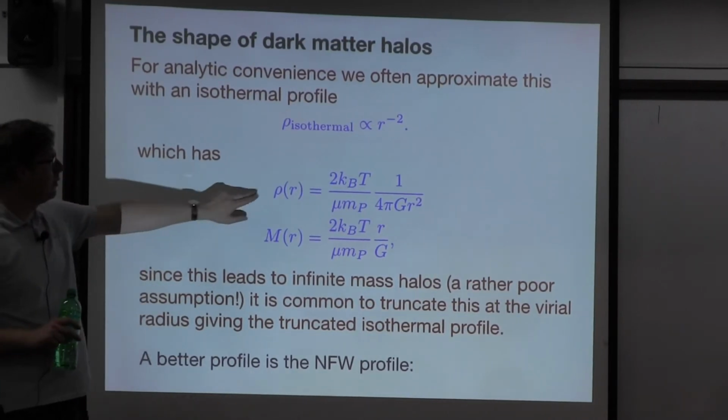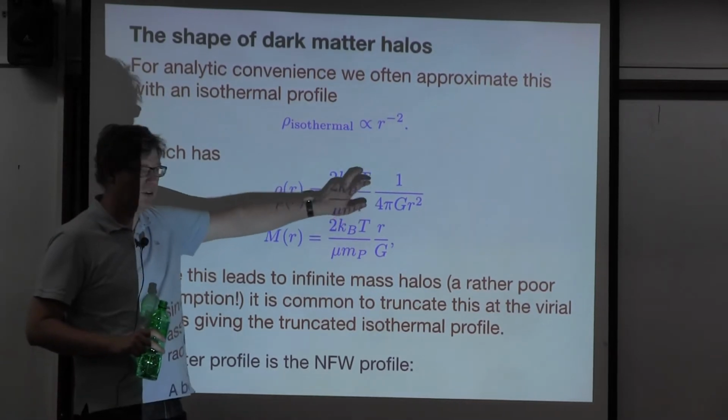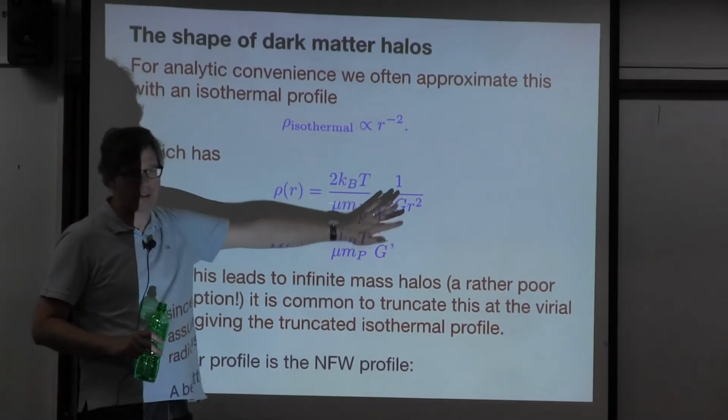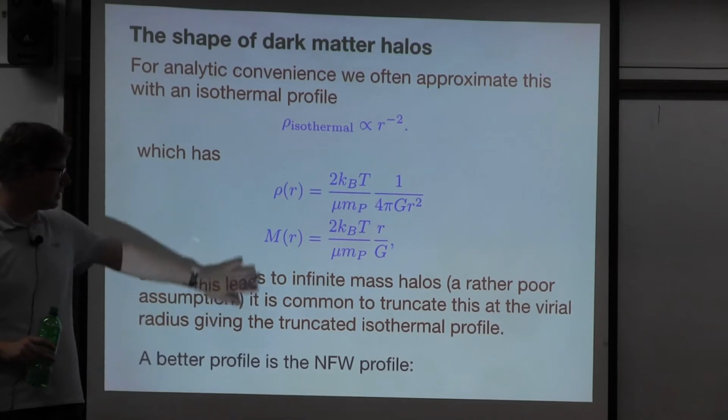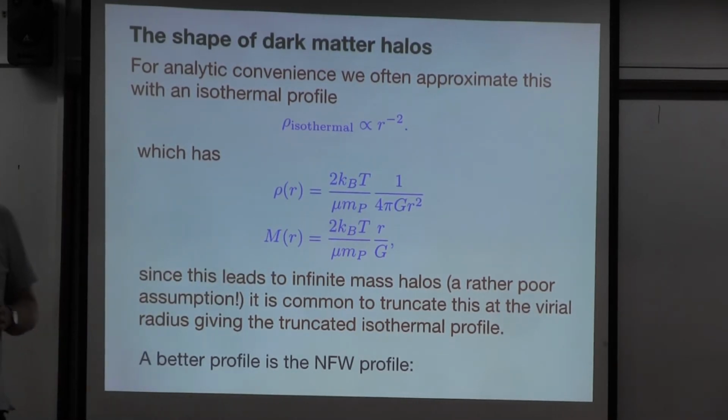In that case, the density distribution looks like this. It includes the temperature, which is constant, and the r to the minus 2. And this is the estimate of the mass. So can anybody see why this is not a very useful term in general for describing dark matter halos?